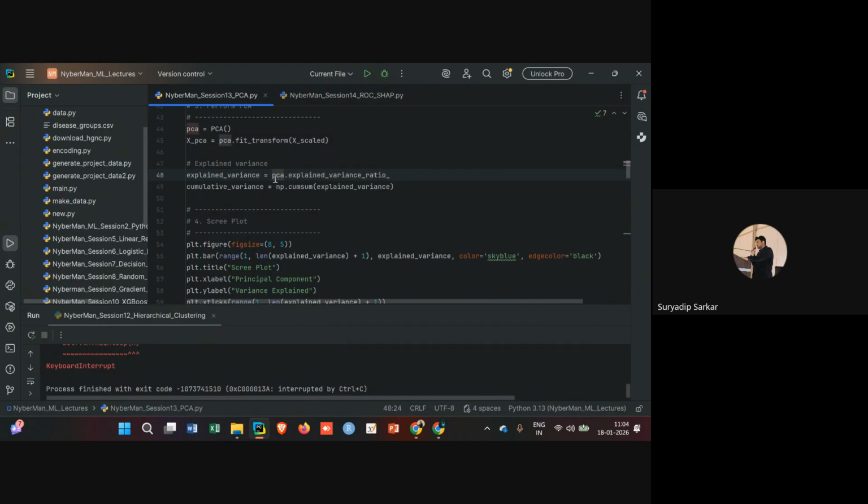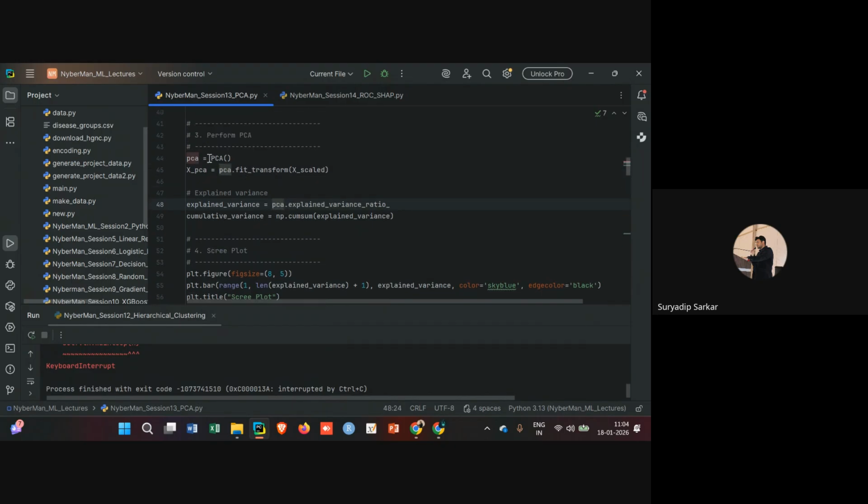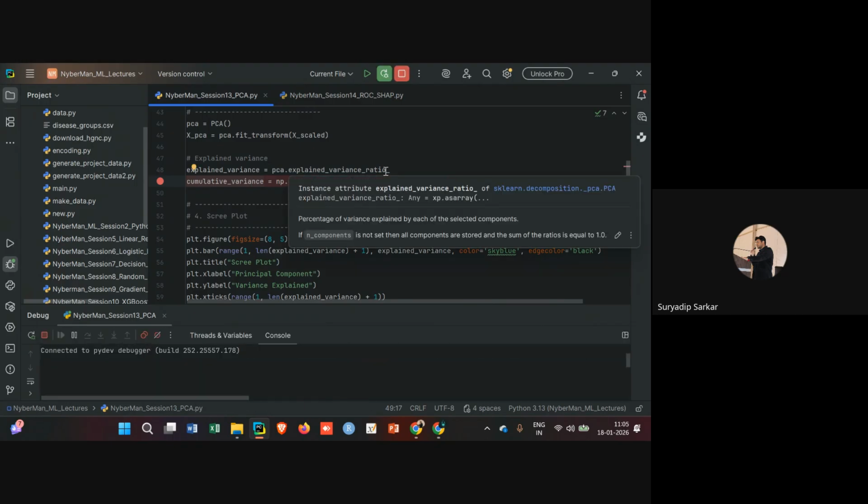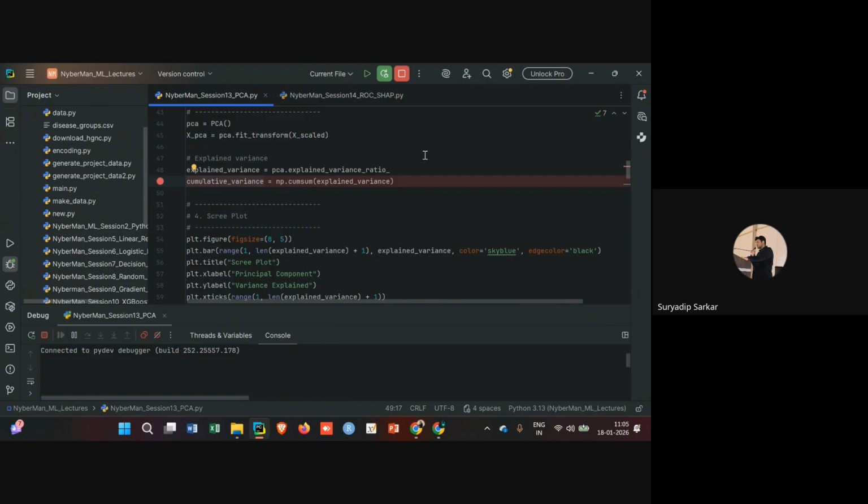It is part of the PCA function we are using here. We are also going to be calculating something known as the cumulative variance. You'll see what these are. Let me put a breakpoint here and hit debug. Just give it a few seconds, it will run.